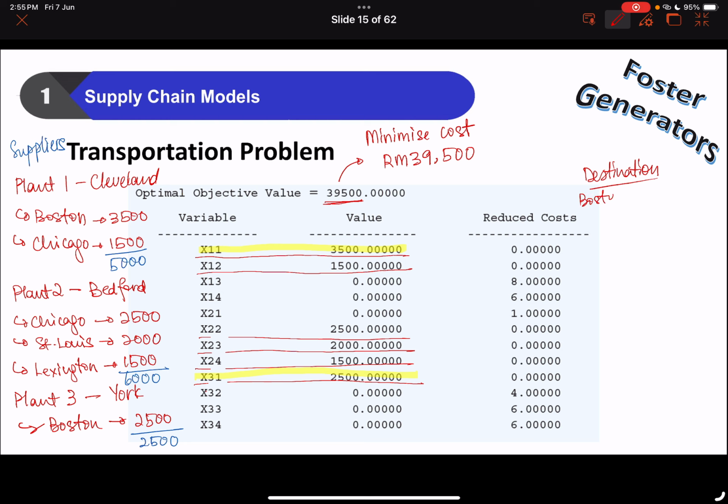Boston received from Cleveland 3,500 units, and it received from 3, which is York, 2,500 units. Okay, the second destination is Chicago.